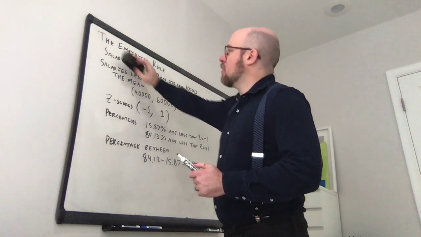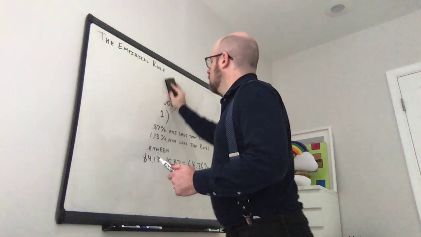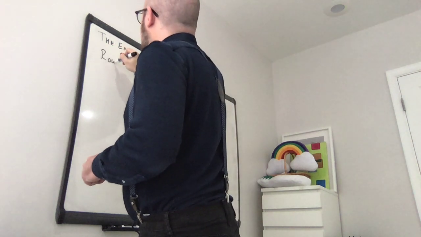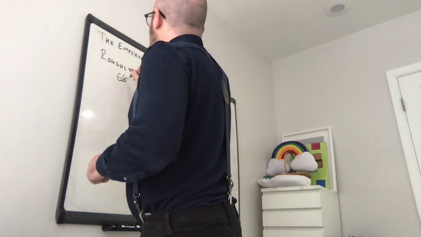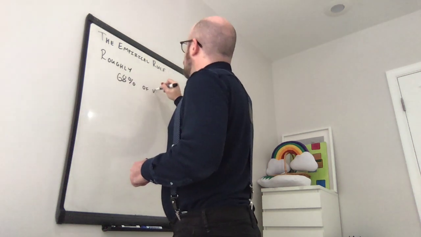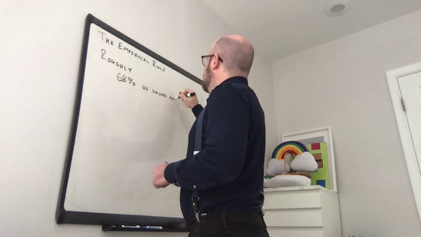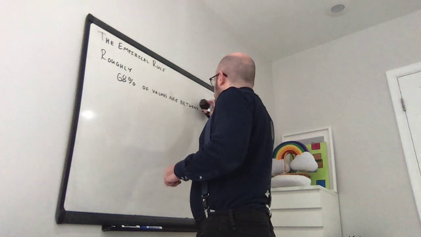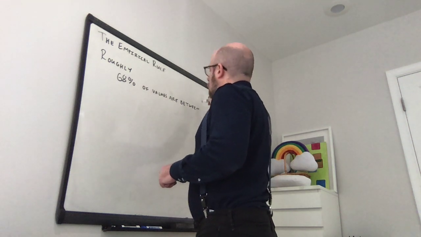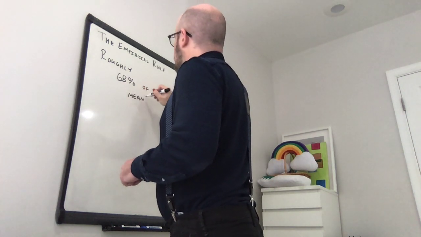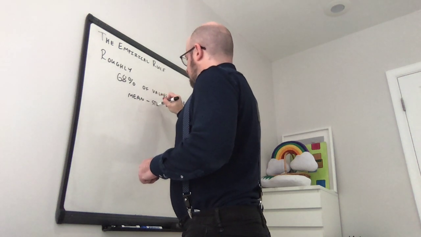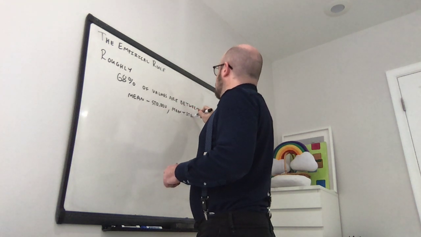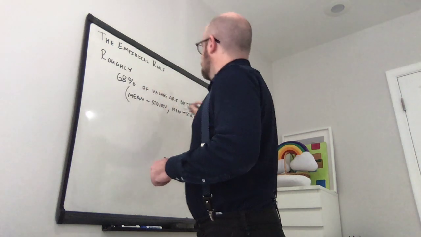Okay? So this is called the empirical rule. What the empirical rule says is that roughly 68% of values are between the mean minus the standard deviation and the mean plus the standard deviation.